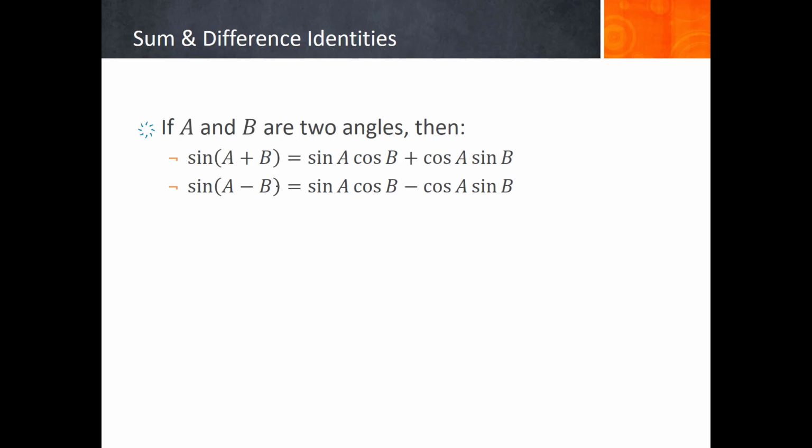Same thing with the difference, A, B, A, B, A, B. With sine, if you follow it across, notice both of them go sine, cosine, plus or minus a cosine sine. So again, it's sine, cosine, cosine, sine. And then notice that whether it's an addition or a subtraction here matches whether it was originally an addition or subtraction over here.